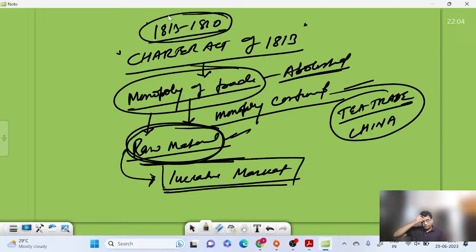So raw material, 1813 to 1860, and a lucrative market.